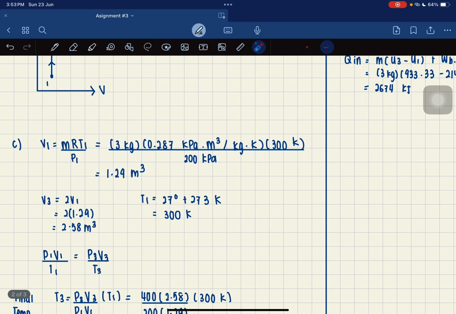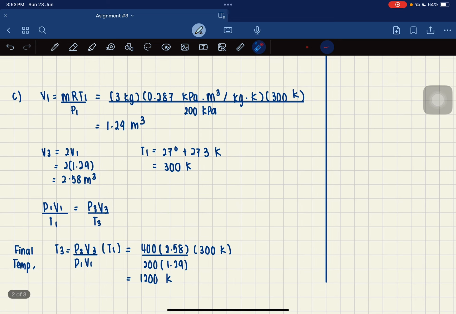As the question states that V3 is double V1, we can directly get V3 by multiplying by 2. After that, we convert T1 to Kelvin, which is 300 Kelvin, and we use the formula P1 times V1 over T1 equals P3 times V3 over T3.